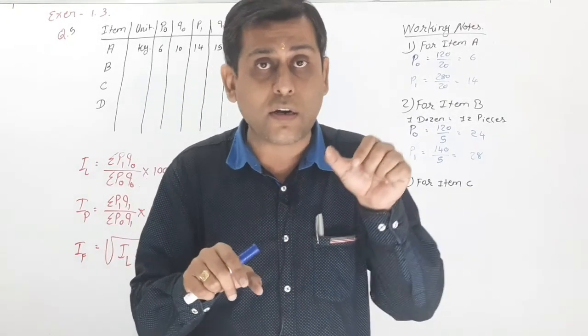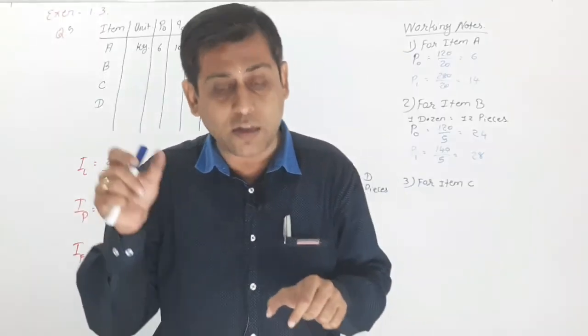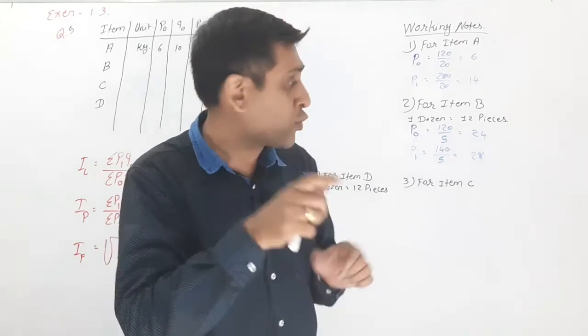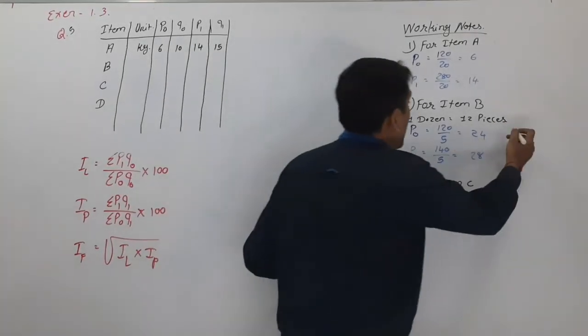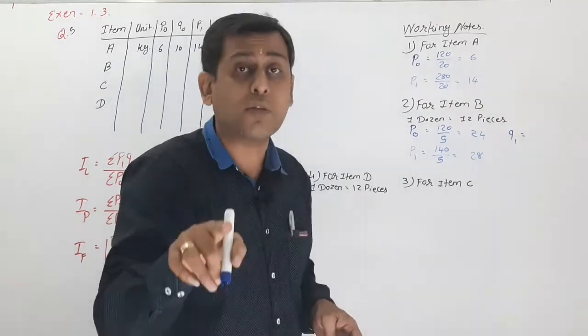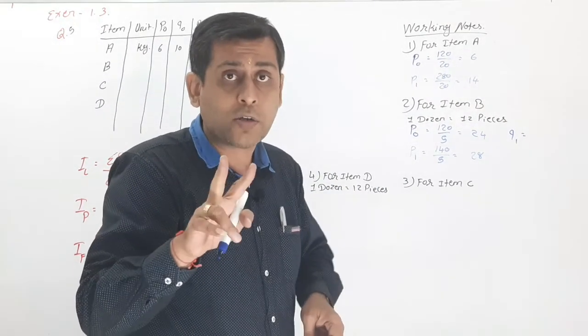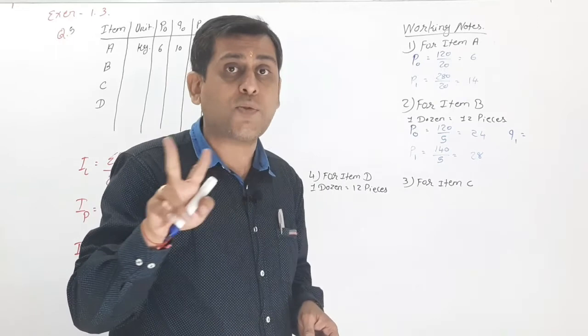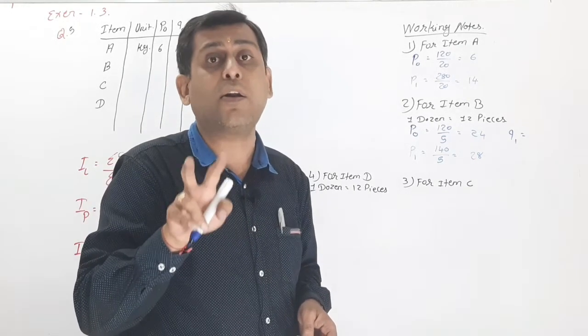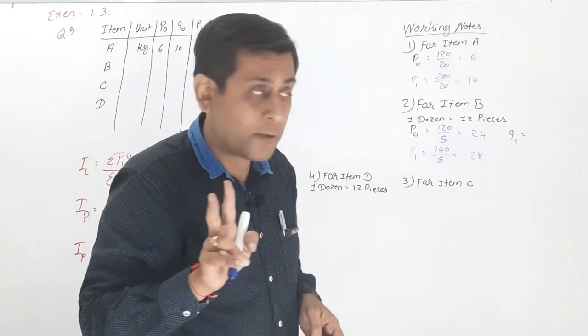In the base year 3 dozen is given and in the current year 48 pieces is given. So we have to convert that 48 pieces, that is Q1, into dozen compulsory, because the unit of the quantity of base year as well as the quantity of the current year are always equal, compulsory, right?